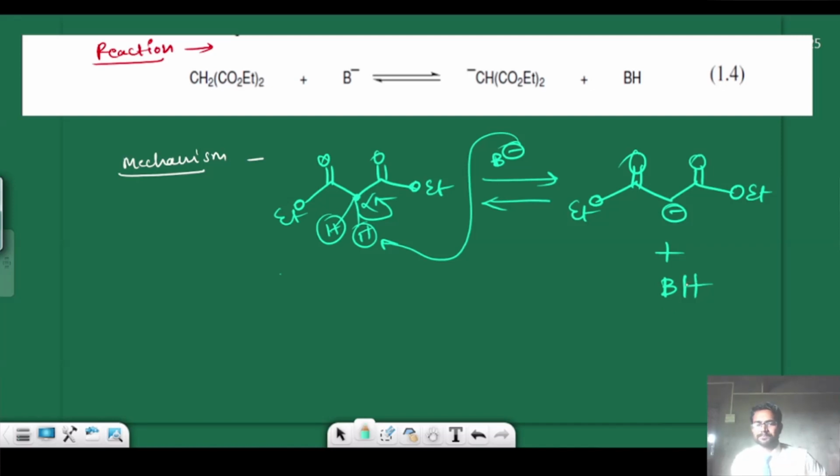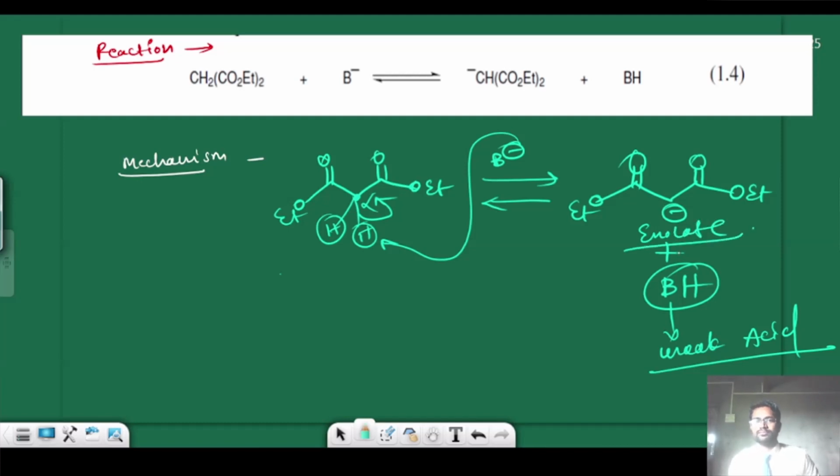This must be a weak acid, and only then are these good enolates. So this is the enolate. This is the mechanism of this particular reaction 1.4. Now these enolates we need to treat with alkyl halides or electrophilic centers.